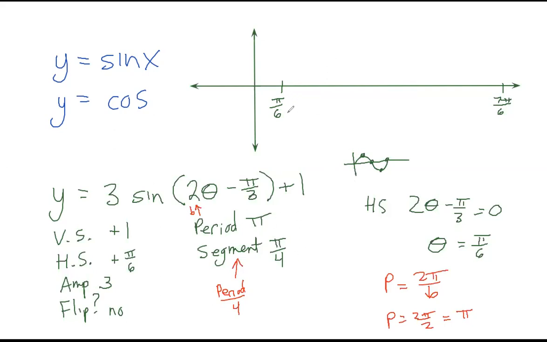Here's where these can get maybe a little annoying. So let me split this into 4. Like this spot is going to be pi over 6 plus pi over 4, right? Which is, of course, as we all know, 2 pi over 12 plus 3 pi over 12, which is 5 pi over 12.